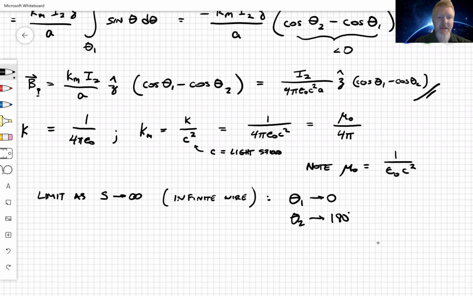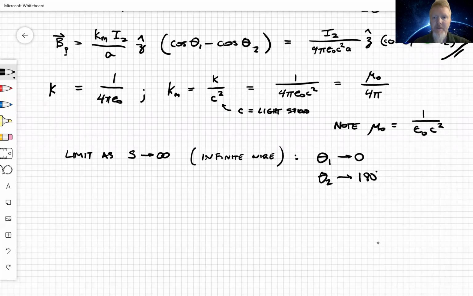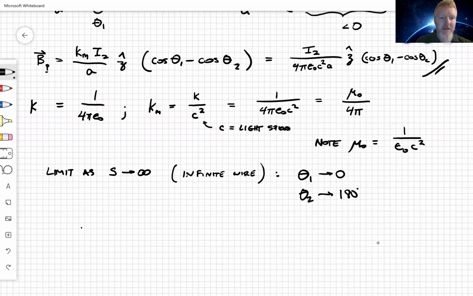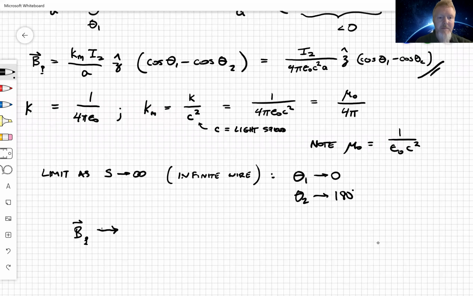So then B at point P is going to become I2 divided by all of this stuff, which is still the same, z hat, and then it just becomes 1 minus -1, which is 2.